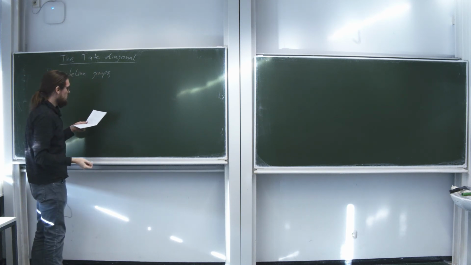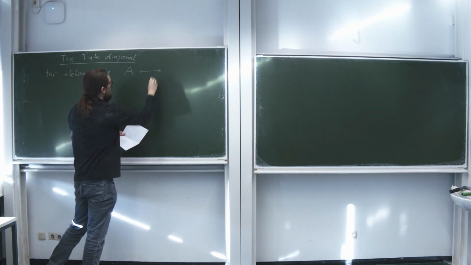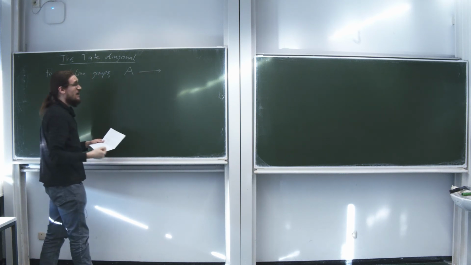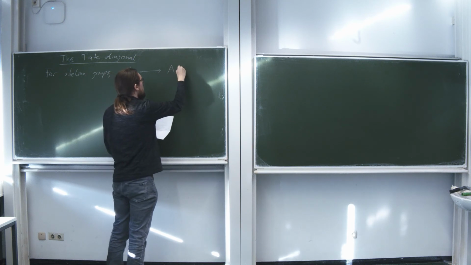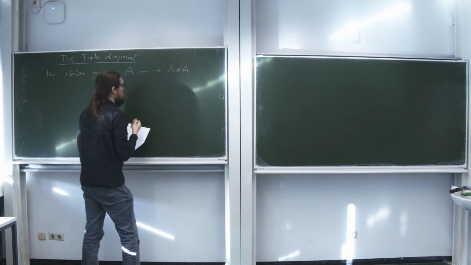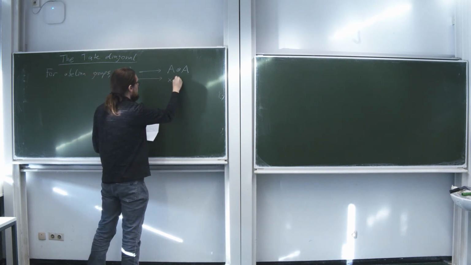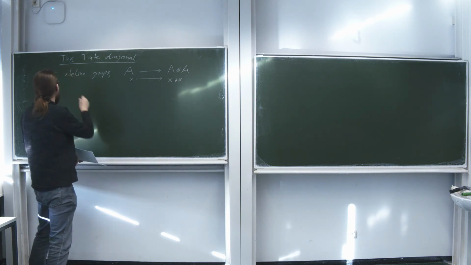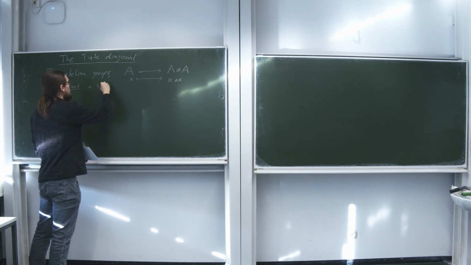In abelian groups, if you try to write down a kind of diagonal with values in the tensor product of A with itself, you can write down a map of sets, which sends x to x tensor x, no problem there, but this is not a homomorphism.